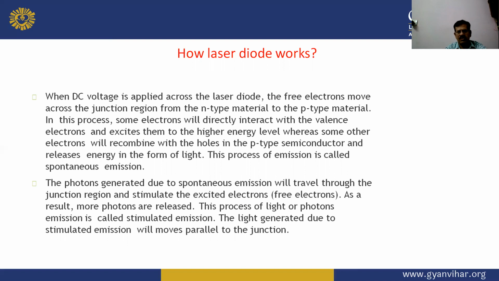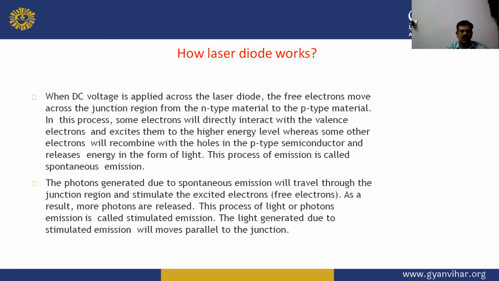This process of emission is called spontaneous emission. The photons generated due to spontaneous emission will travel through the junction region and stimulate the excited electrons or free electrons. As a result, more photons are released. This process of photon emission is called stimulated emission.